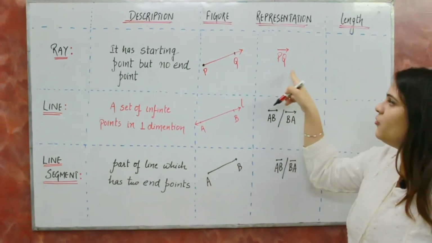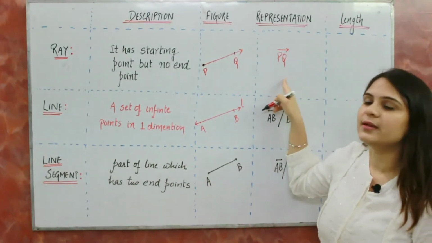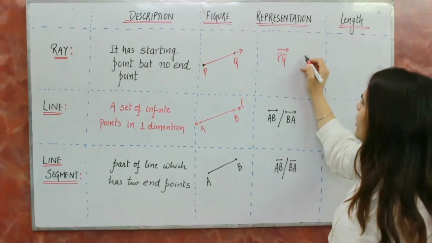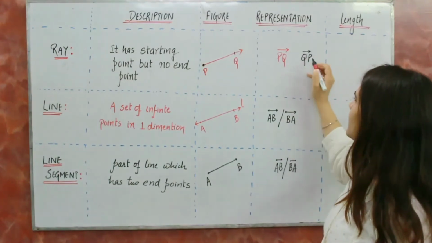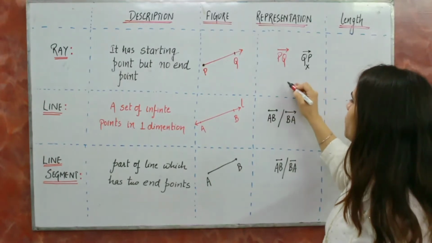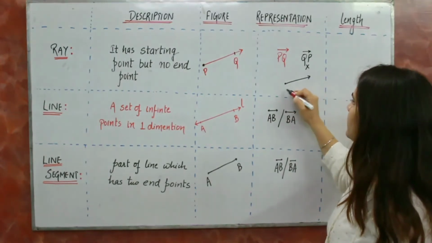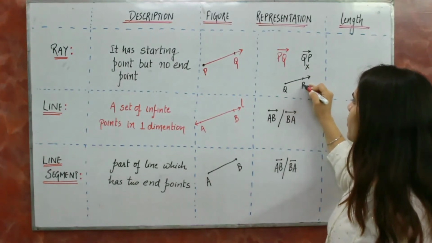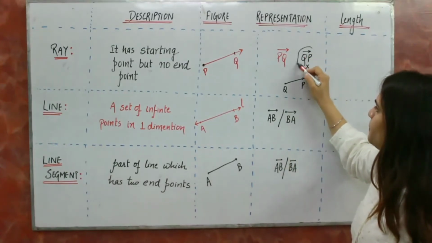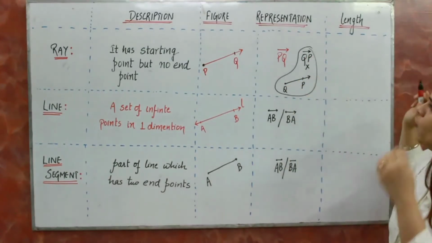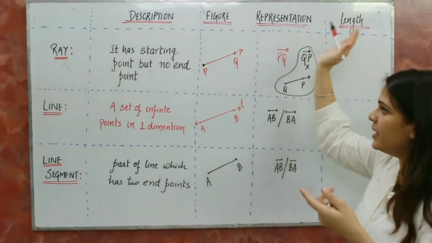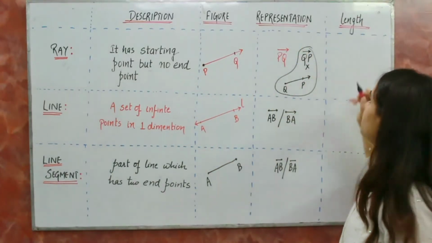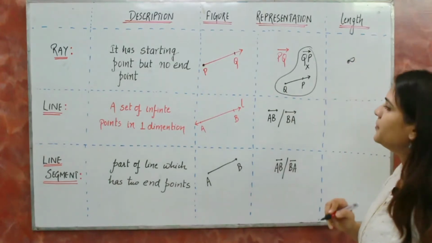And this is the way we represent a ray, PQ. You cannot write it the other way. If you write QP, this is wrong, because QP means the end point is Q and P is some point on this ray. Now, what will be the length of this ray? As it is never going to end, it has infinite length.